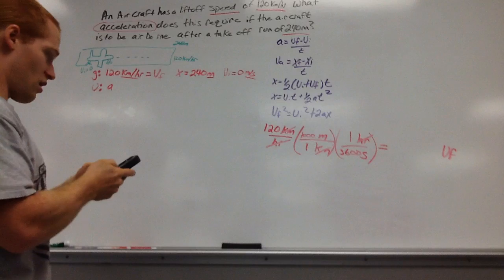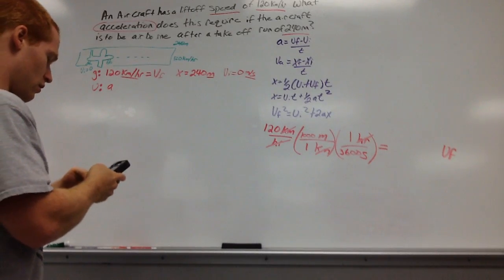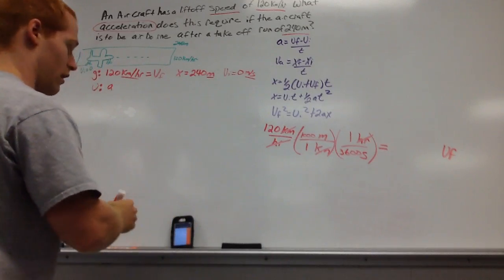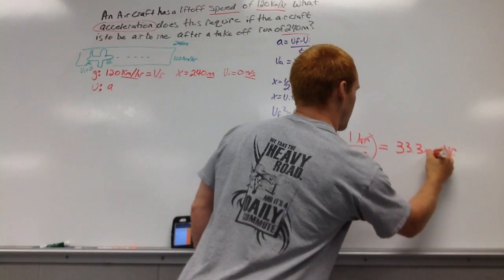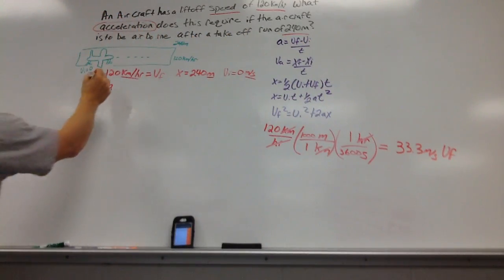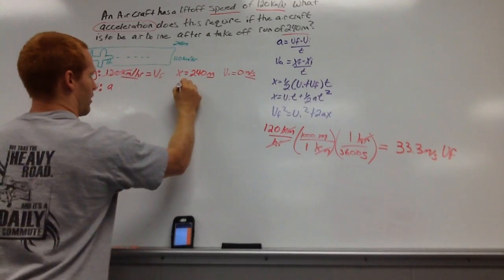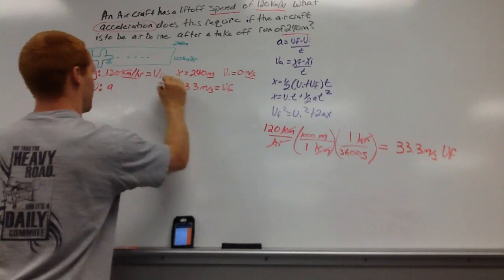So 120 times 1,000 divided by 3,600 is 33.3. I almost guessed that. Okay, so 33.3 meters per second is our velocity final. So instead of this, we now have 33.3 meters per second as our VF.